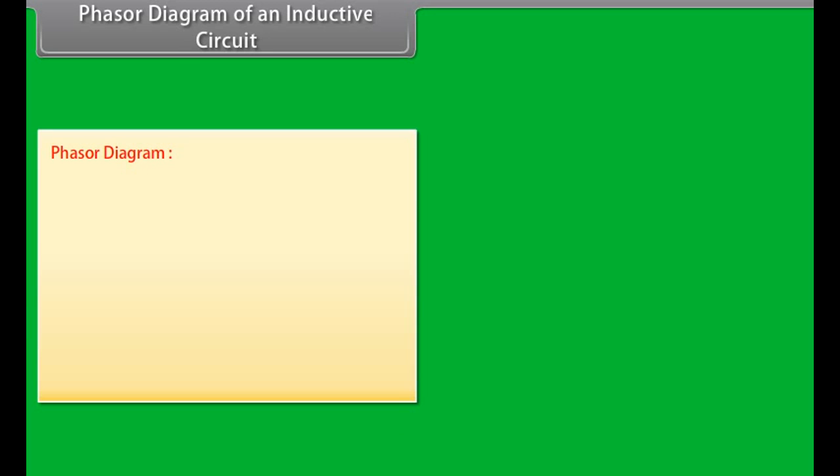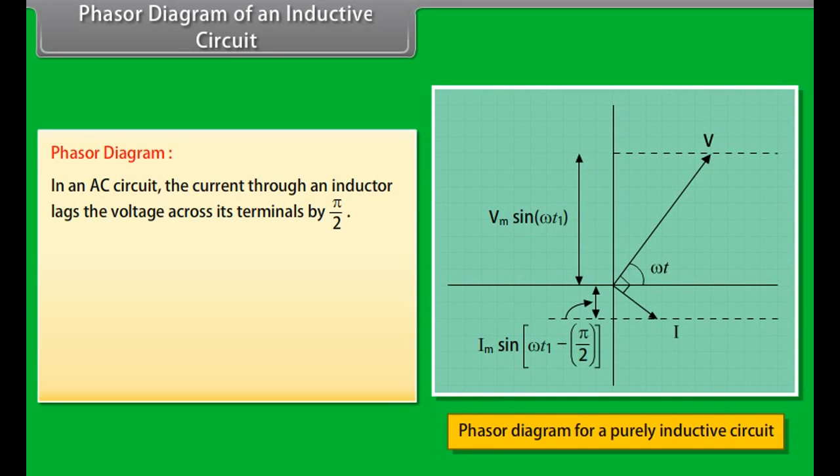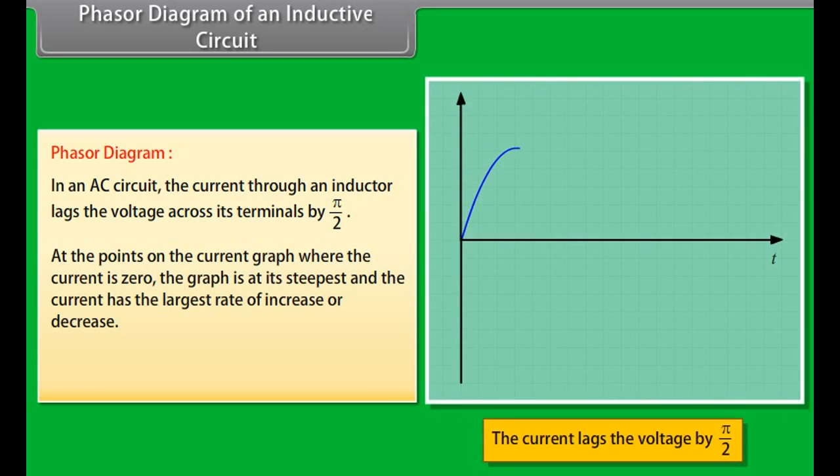Integrating both sides with respect to time, we get I = Im sin(ωt - π/2). The amplitude of the oscillating current is written as Im = Vm/ωL.